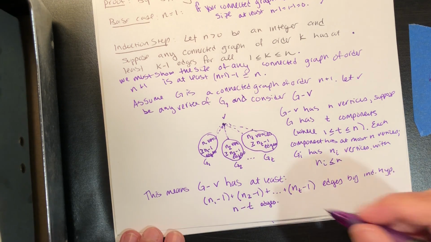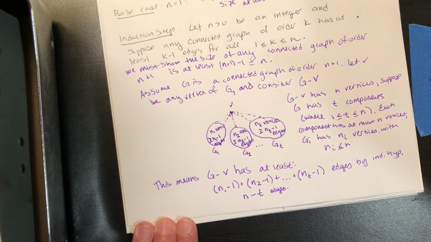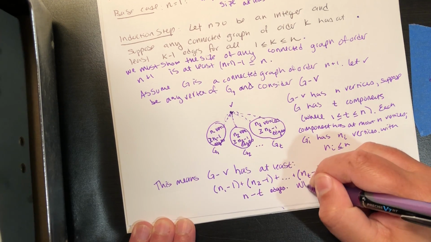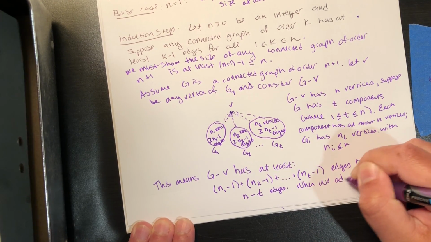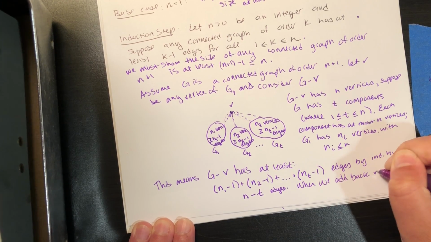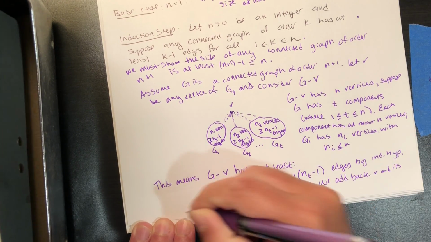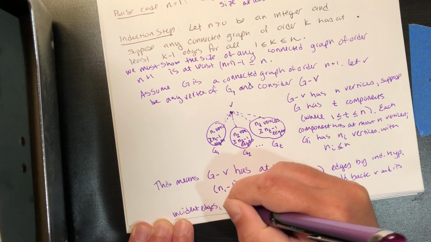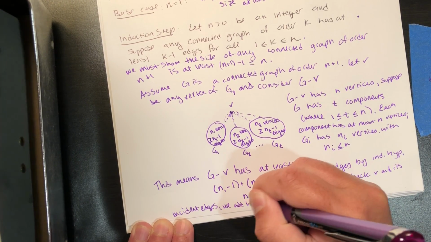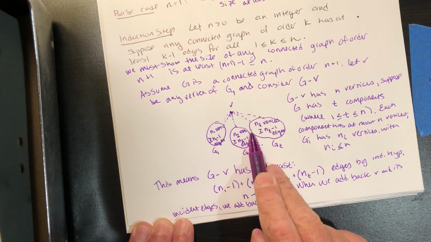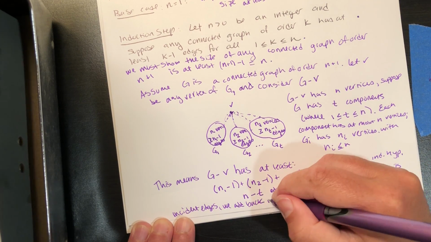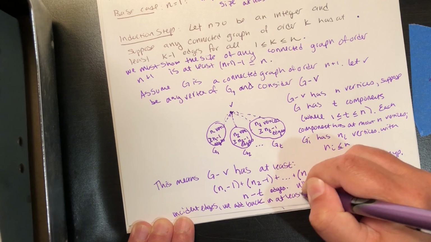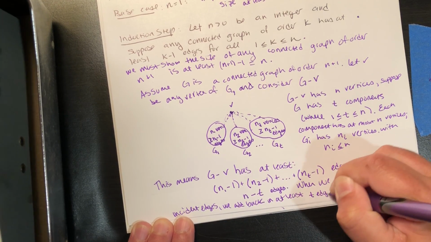All right, and so we have that when we add back in the vertex V and its incident edges, we add back in at least one edge for each of these components. So we add back in at least t edges.